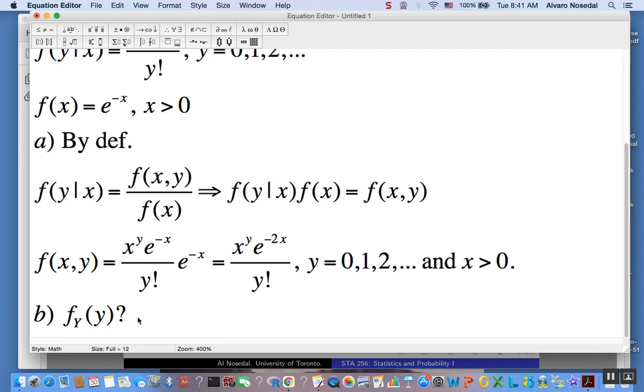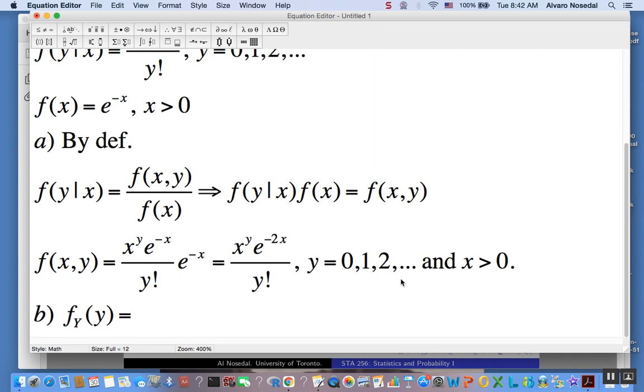So since this is continuous with respect to x, we know that if we want to find the marginal, we have to integrate with respect to x. If, on the other hand, we wanted the marginal of x, since the joint is discrete with respect to y, we would need, instead of an integral, a summation. So just be careful with that.